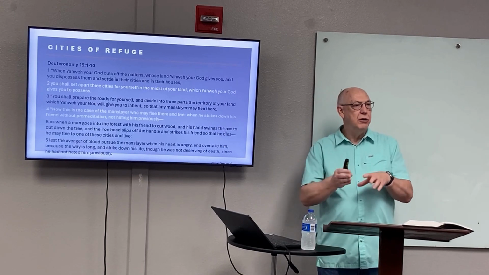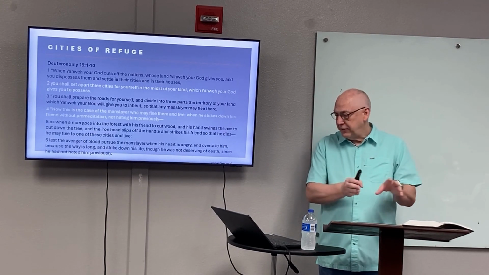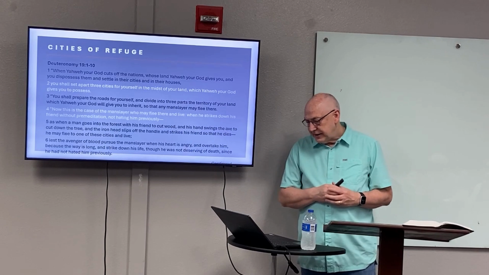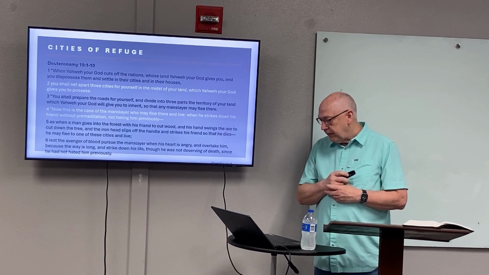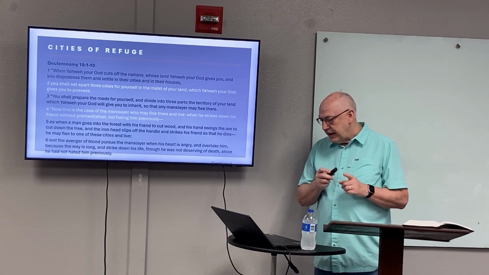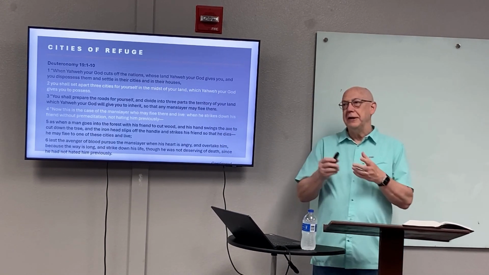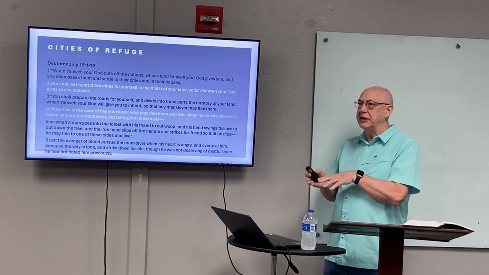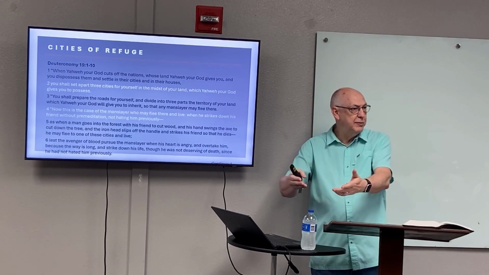So in the land that you are possessing, you're to set apart 3 cities of refuge. Now, this is the case of the manslayer who may flee there and live there: when he strikes down his friend without premeditation, not hating him previously. That's the criteria for the person who can enter the city of refuge: someone who has not hated the person previously.